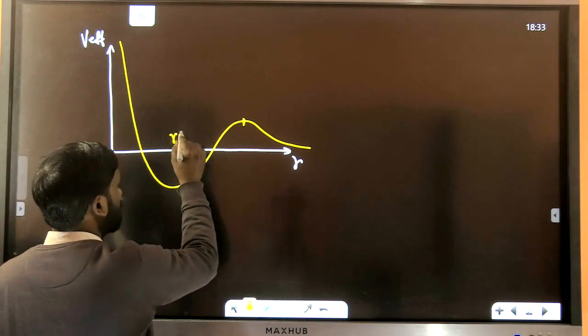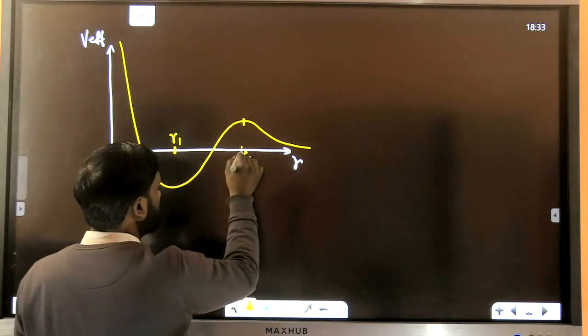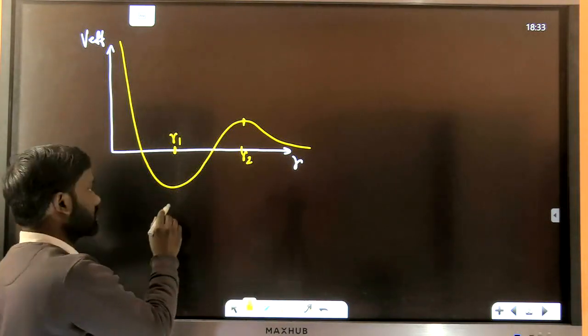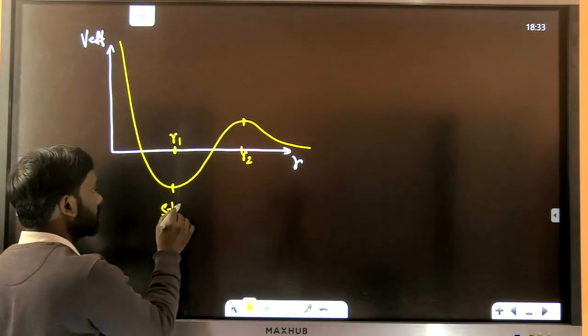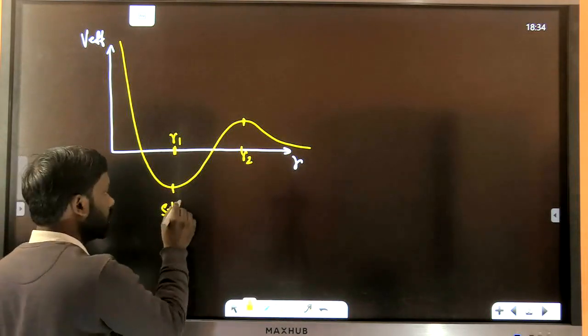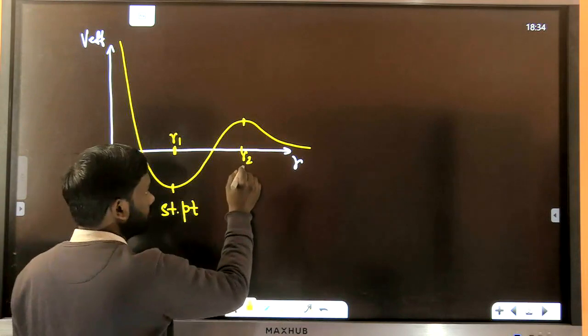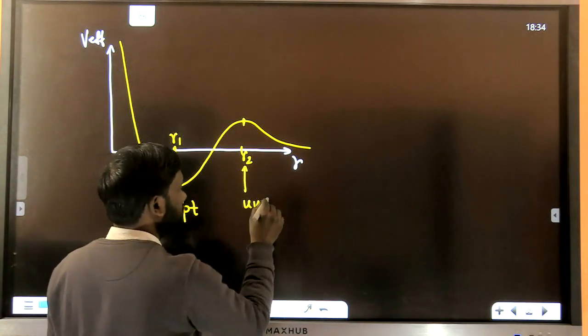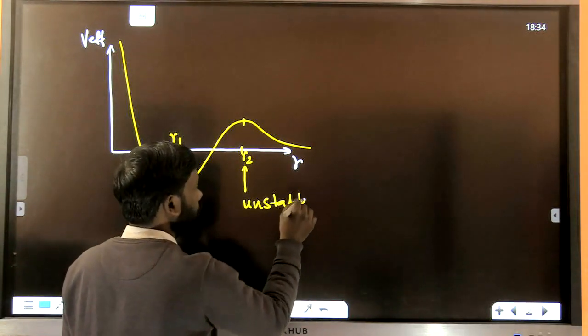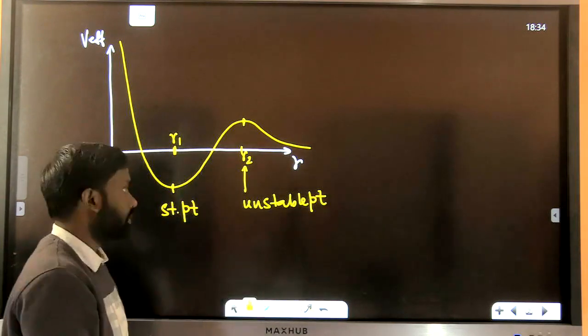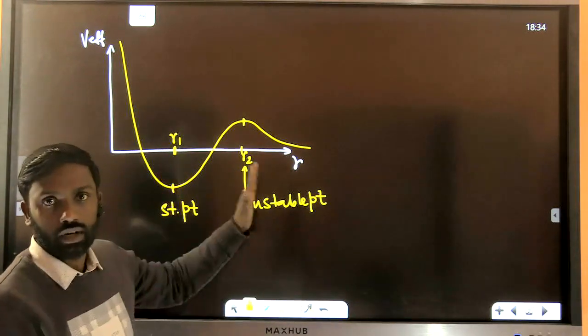This will be called r1 and this r2. So this r1 corresponds to the stable point, and this corresponds to the unstable point. So clearly we have one stable point and one unstable point.